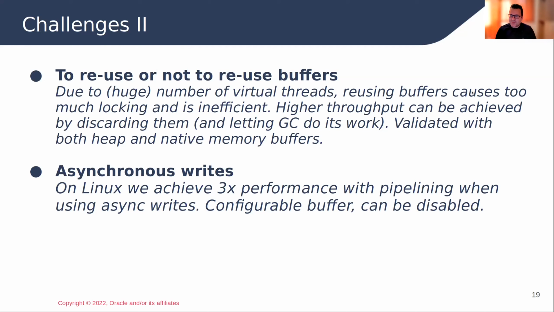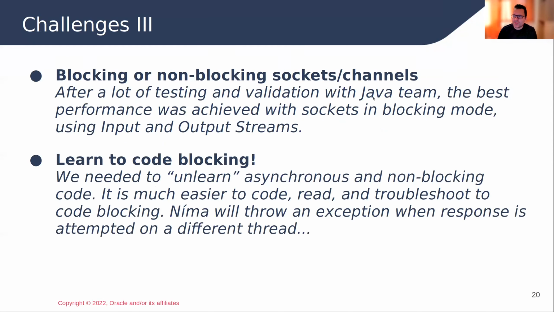Of course, one of the biggest challenges when writing a server is should we use blocking or non-blocking sockets or channels? And this was again a very interesting experience where we did try using non-blocking channels, and the performance was actually much worse because again there is a lot of handling that you need to do when you do non-blocking handling.